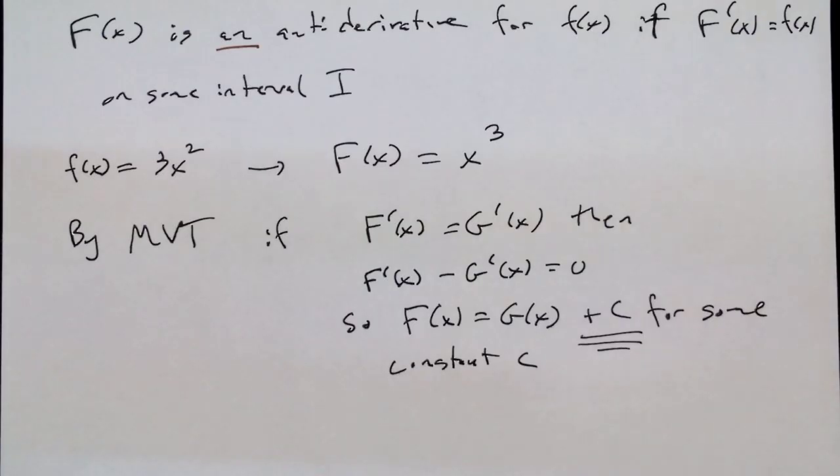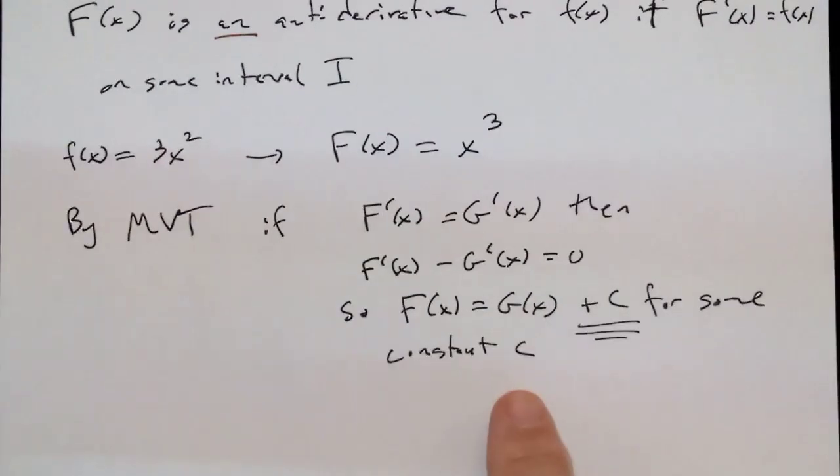X cubed is an antiderivative for 3x squared. And that means that any other function that also has the derivative 3x squared cannot be different from x cubed by anything other than a constant.